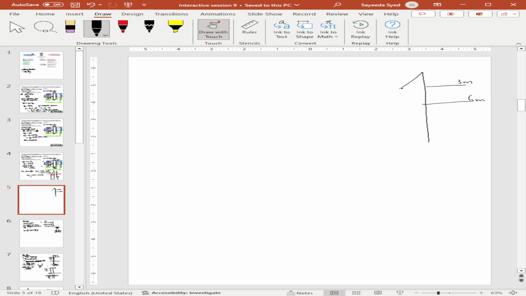And then there will be the water table. This portion will be K1, gamma 1 dash, H2. And then we have this constant portion. This will be K2.